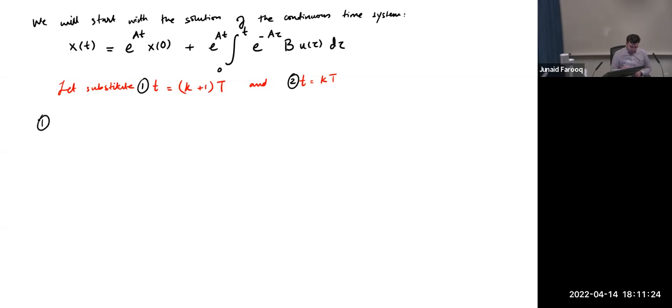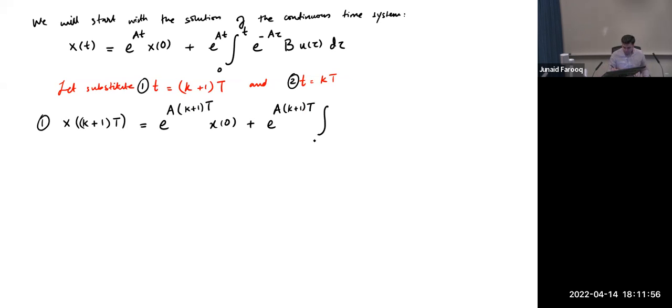So if you substitute (k plus 1)T, then what you get is x at (k plus 1)T equals e to the power A(k plus 1)T x of 0 plus e to the power A times (k plus 1). Oops, I made a mistake here. This should be a capital T. And then the integral from 0 to (k plus 1) capital T of e to the power minus A tau B u of tau d tau.